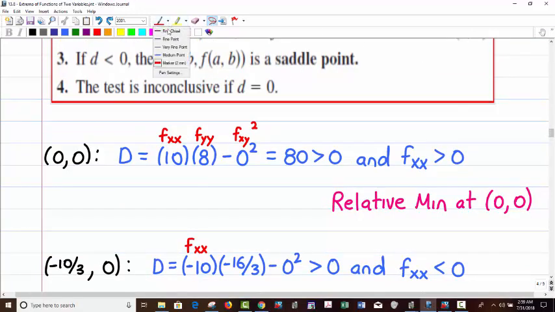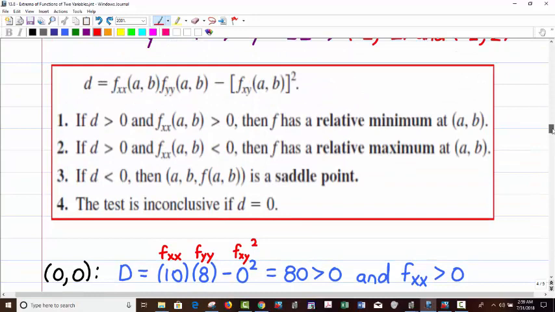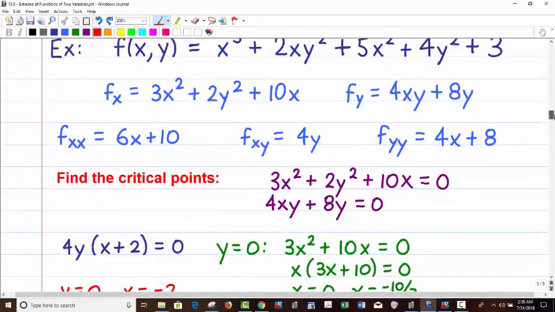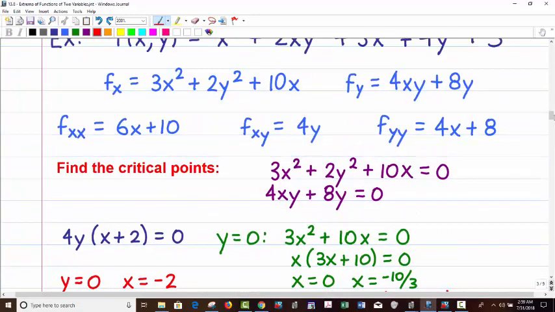It's kind of tricky because you're plugging them into the mixed partials. It's going to be kind of tedious going back up here for every one of these. But when you put in 0, 0, that'll be 10 for that one. That'll be 0 here, and you put 0 there, you're going to get 8.